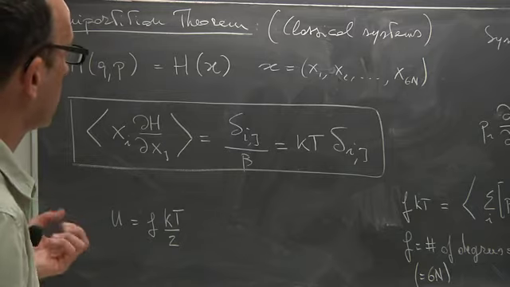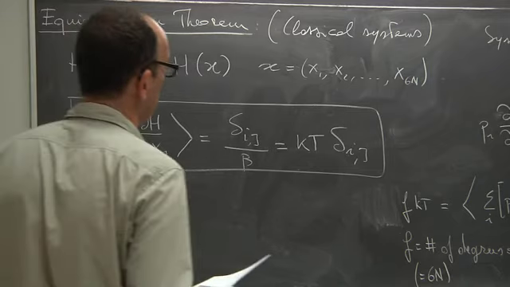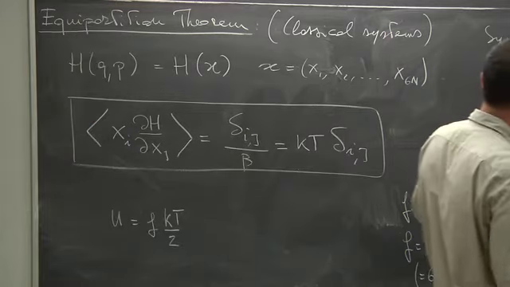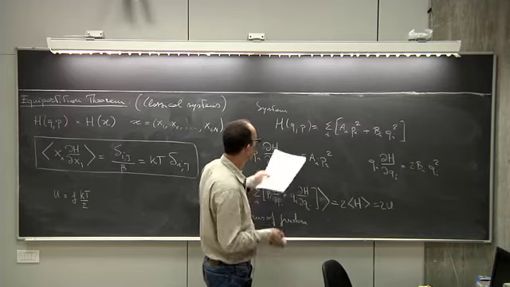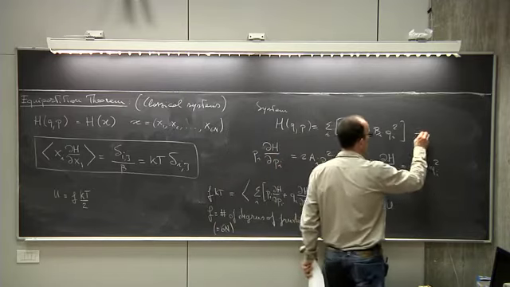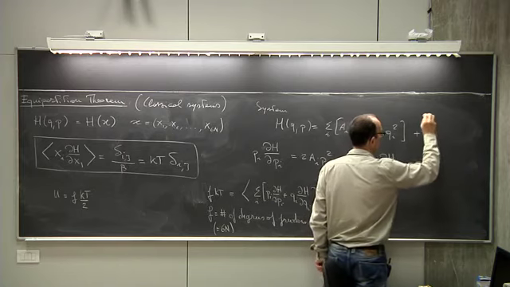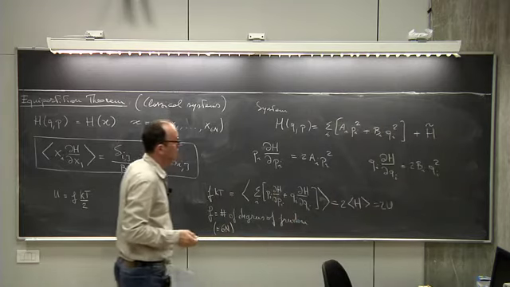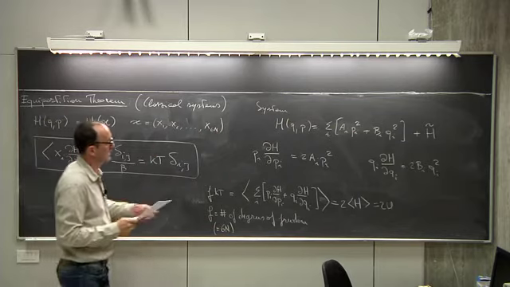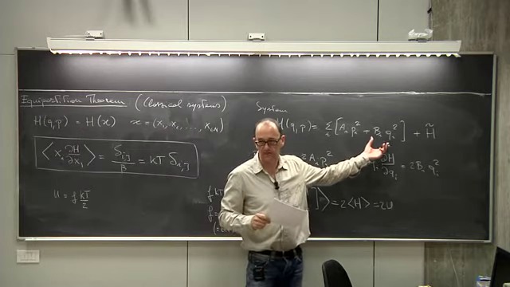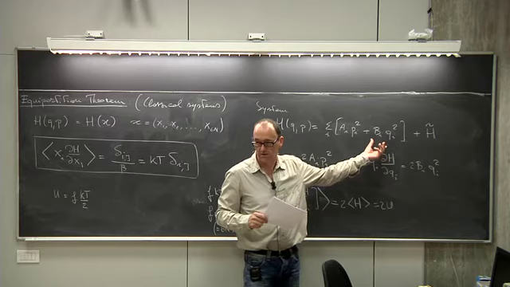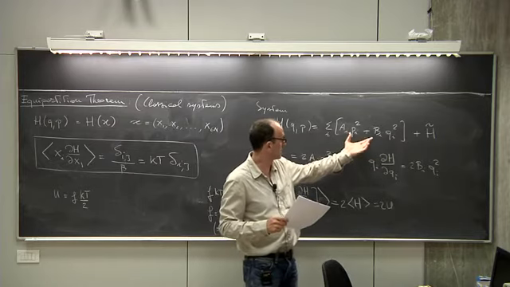In particular, you see, if you have a Hamiltonian which has a part, imagine that you have a Hamiltonian which is this plus another part, let's call it H tilde, and you want to compute the expected value of this part of the Hamiltonian.